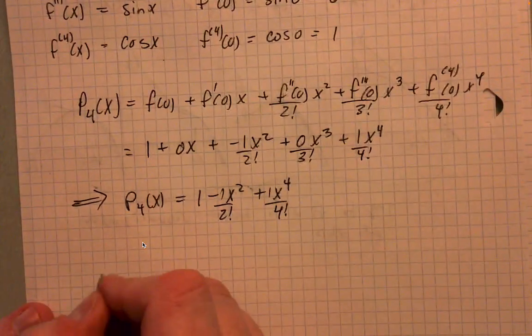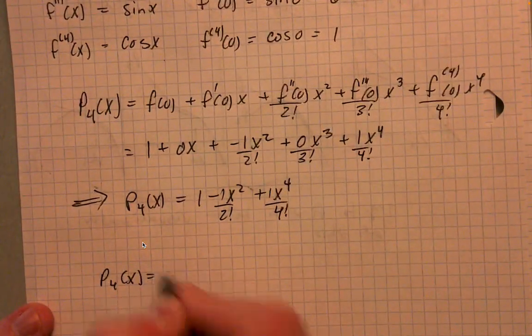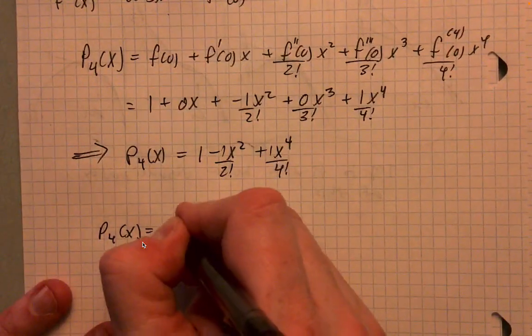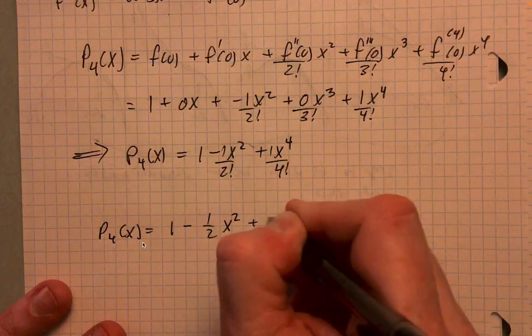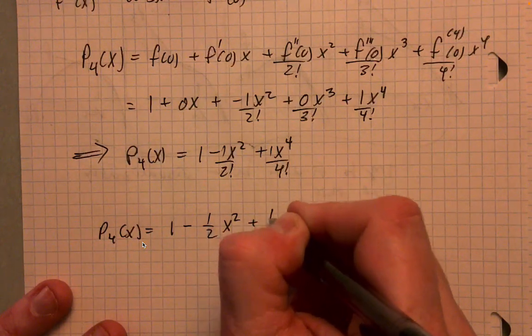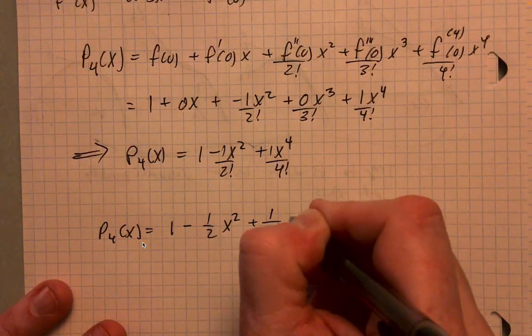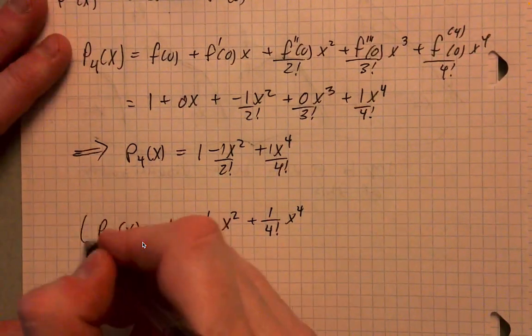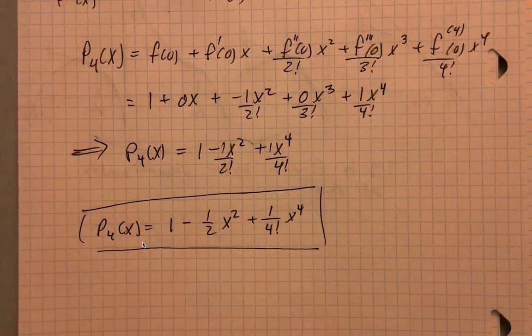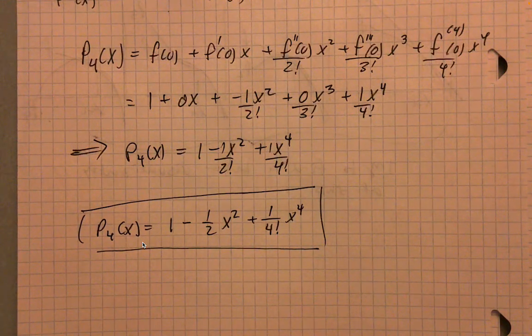So let's write it better here. All in, this would be 1 minus 1/2 x squared plus 1 over 4 factorial x to the fourth. All right, so there we go. Perfect. Okay, very good.